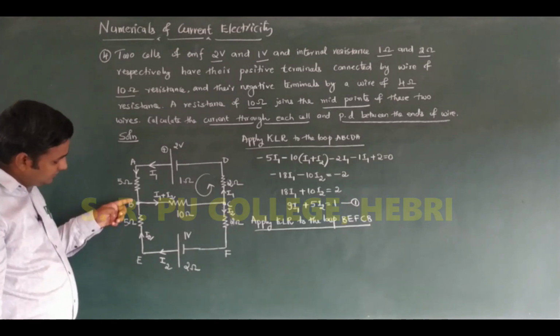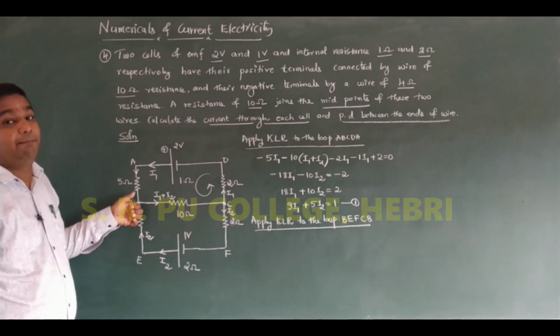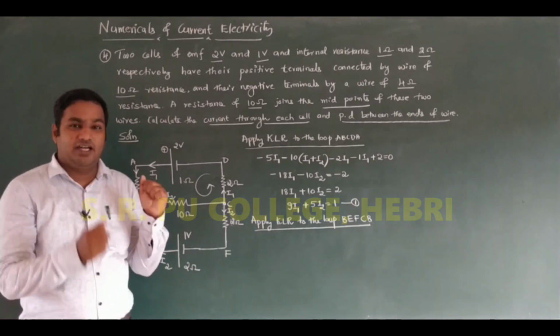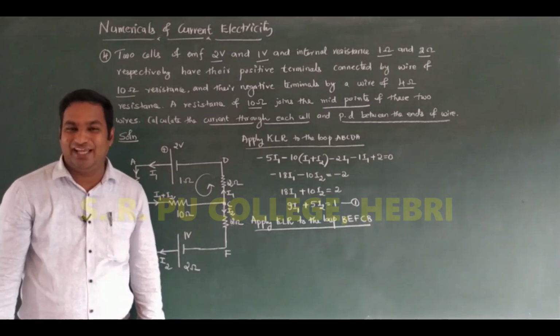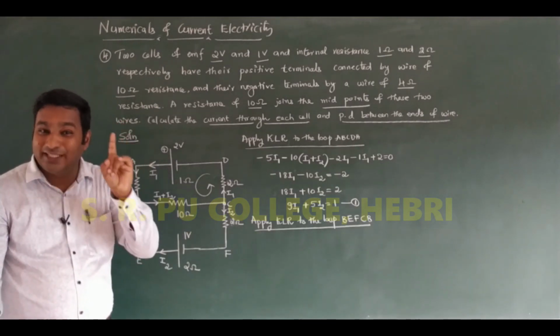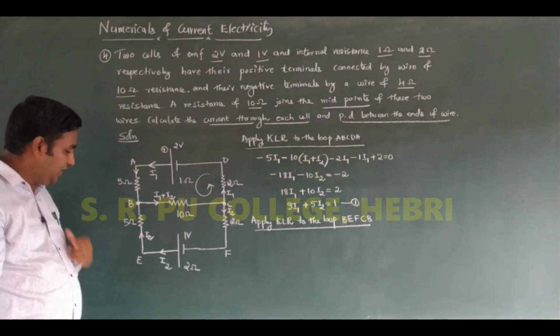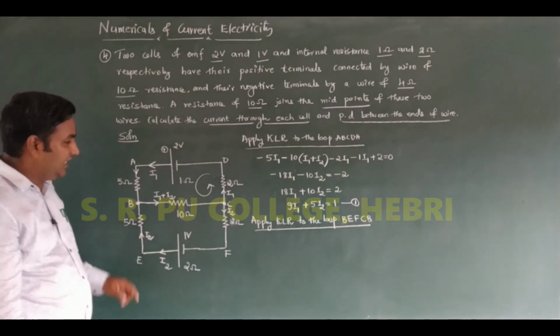My path is B to E, and the direction of current is opposite to my path. When the direction of current is opposite to my path, automatically I have to take plus; along my path, minus. So E to B you have to take plus. It becomes plus 5I2.